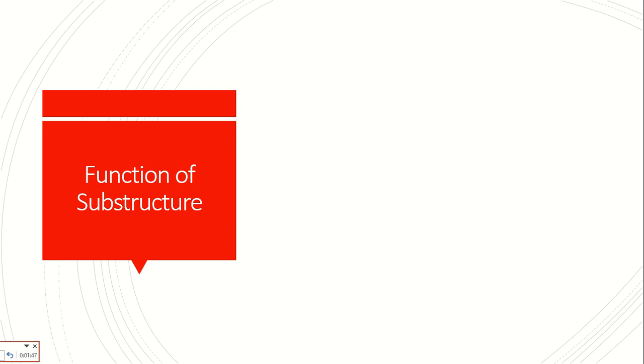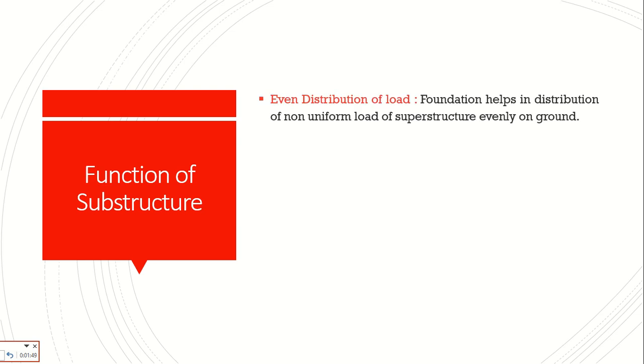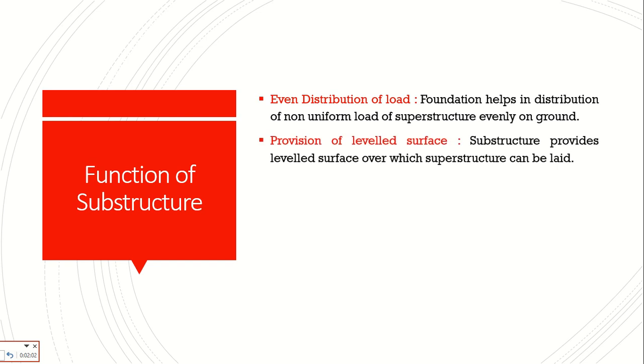Let us see the function of substructure. Even distribution of load. Obviously, foundation helps in distribution of non-uniform load of a superstructure evenly on ground. Provision of leveled surface. Substructure provides leveled surface over which superstructure can be laid.